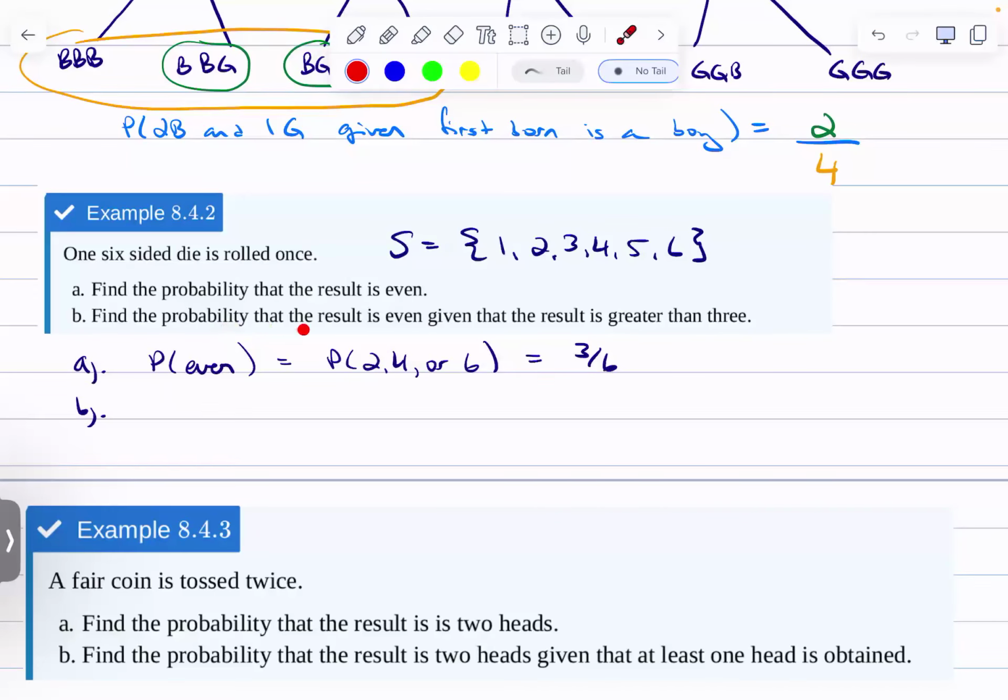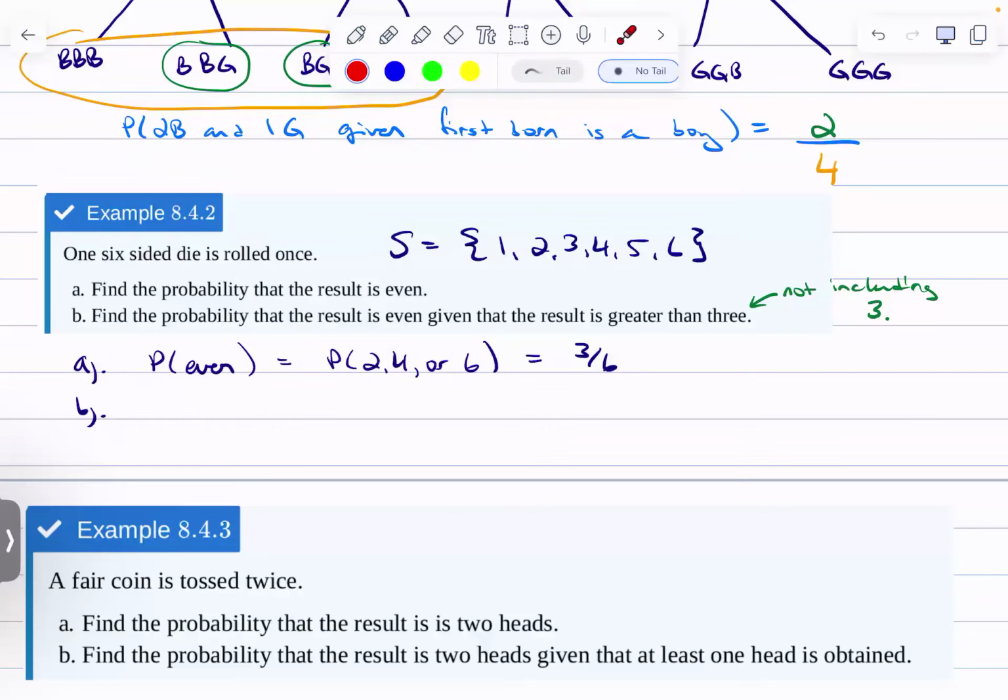Then find the probability that the result is even given that the result is greater than 3. So now we know that the result is greater than 3, and now I want to know, okay, well, what's the probability that it's even then? And so here I'll clarify: greater than 3, not including 3.